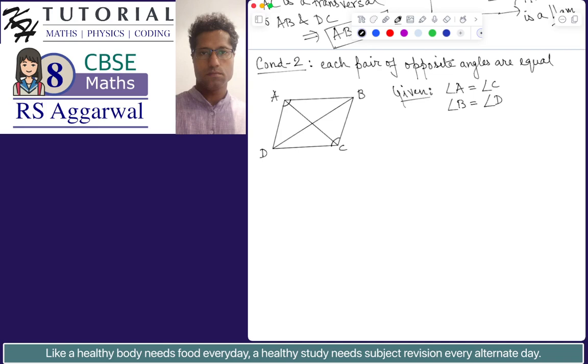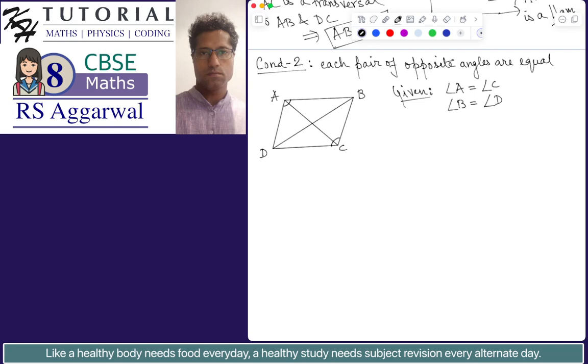This is equal to this. Each pair of opposite angles are equal. This is one side.